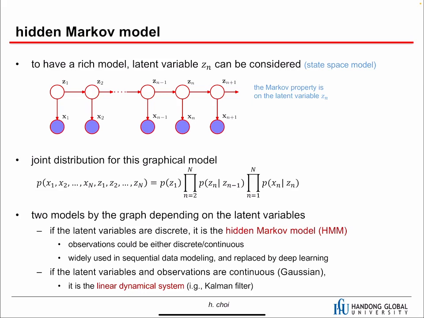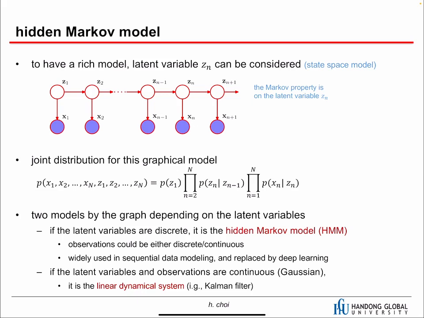Or in PCA, we consider the low-dimensional representation to be a continuous latent variable, and from this low-dimensional representation, we have observations. This means the low-dimensional latent variable actually generated these observations in high-dimensional space.